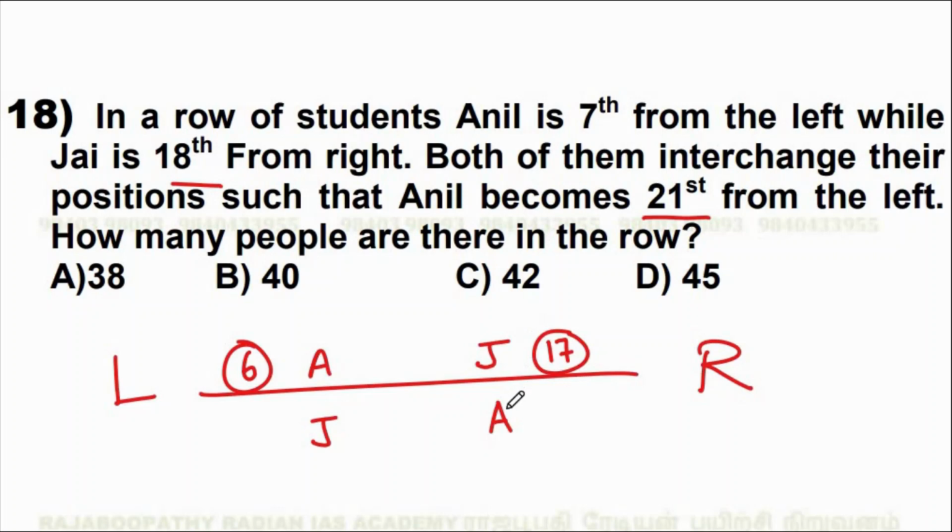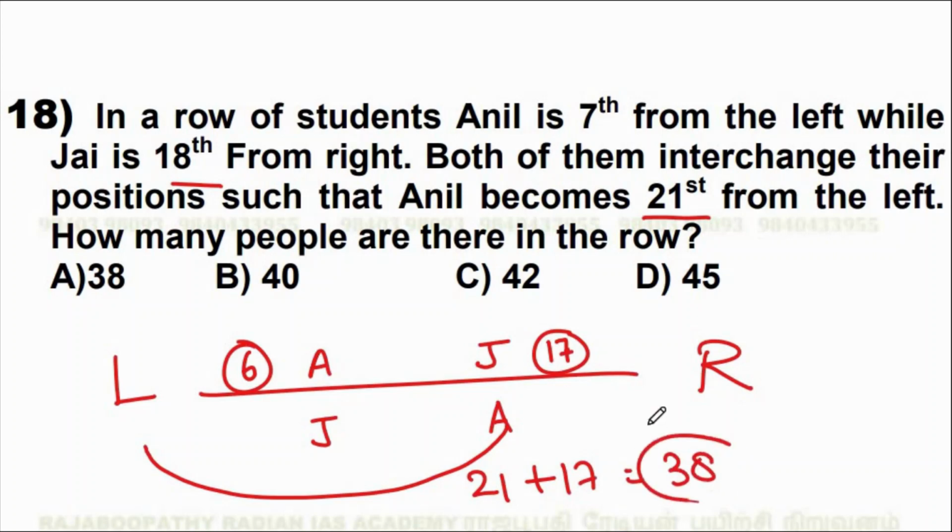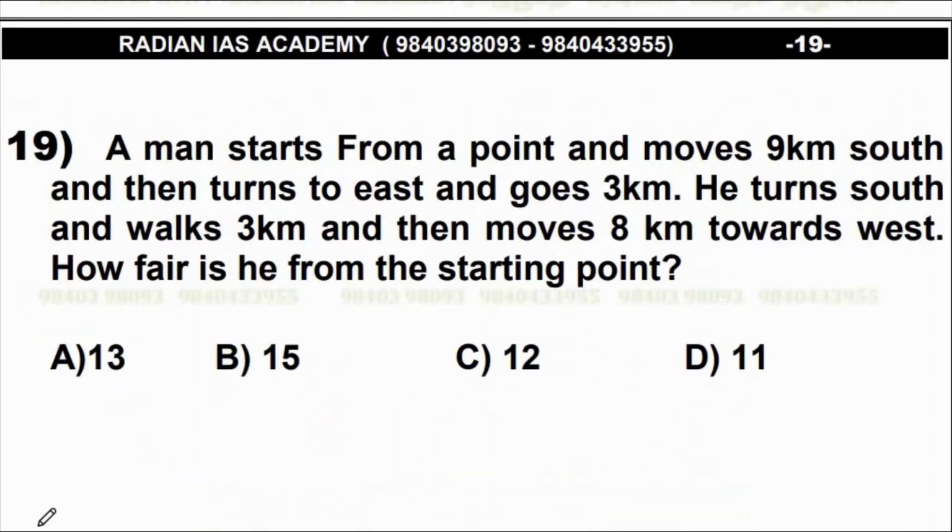When Anil becomes 21st from the left, totally 21 plus this 17. Therefore, totally 38 persons are there in the row. So the answer is 38. Answer this question.